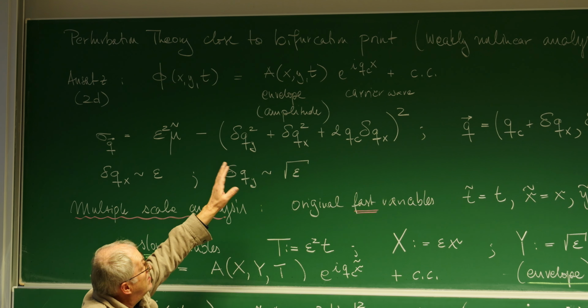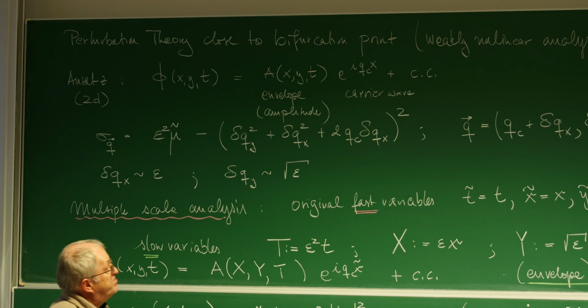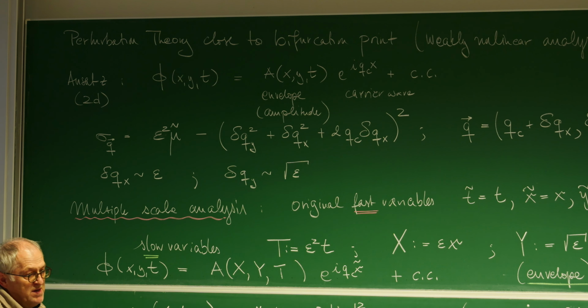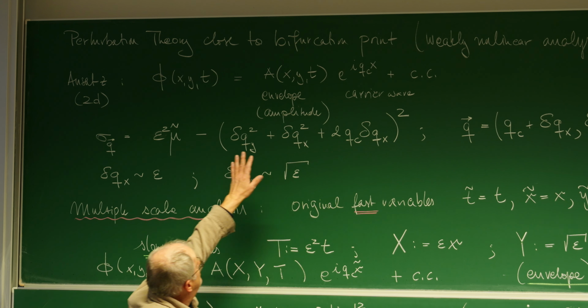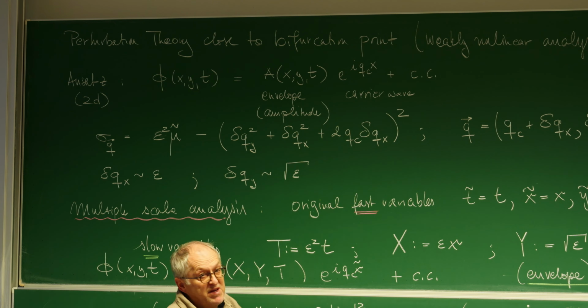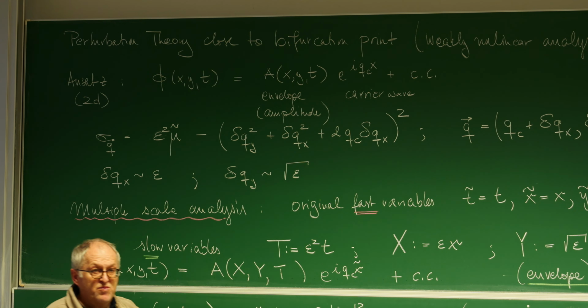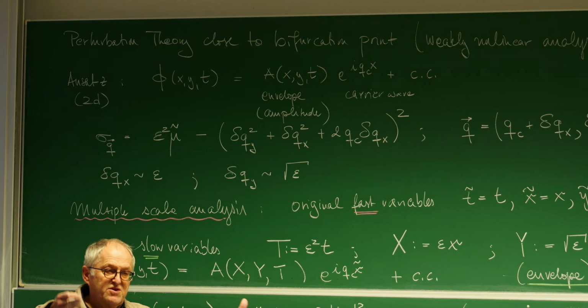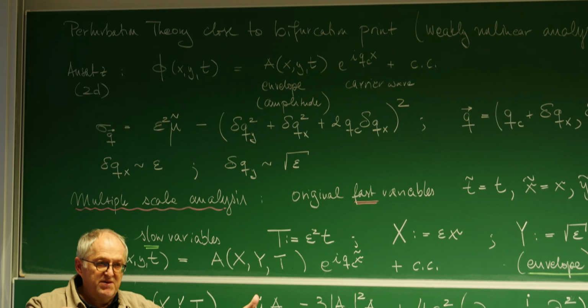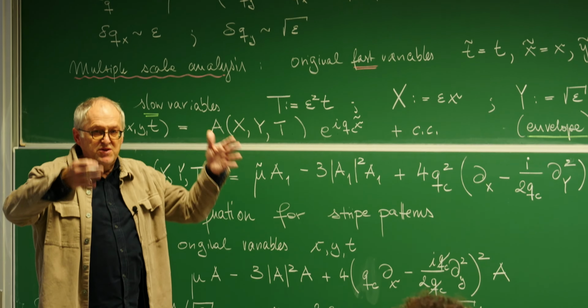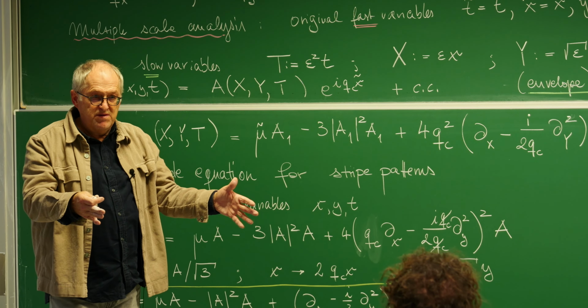And above the point where the system becomes unstable, you make an ansatz into an envelope and a carrier wave. And you want to keep this whole structure, amplitude times carrier wave, in your perturbation theory around the critical point.